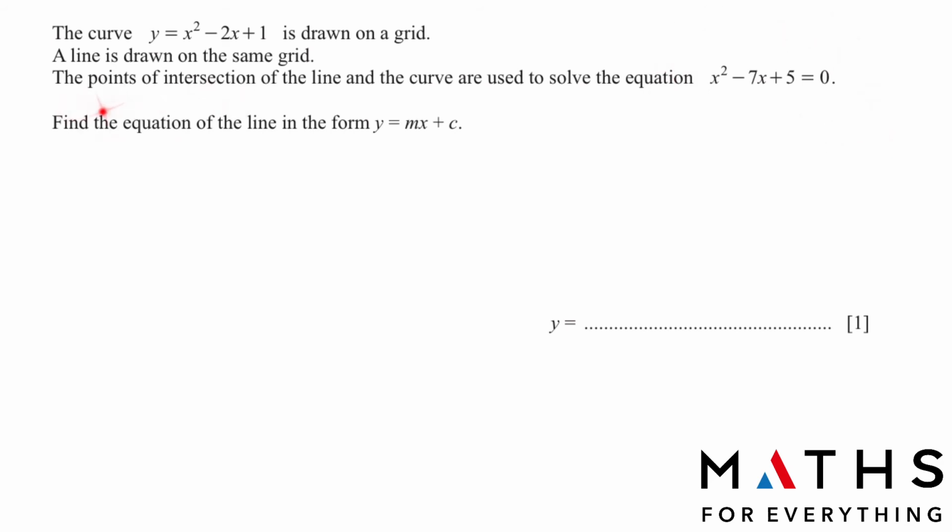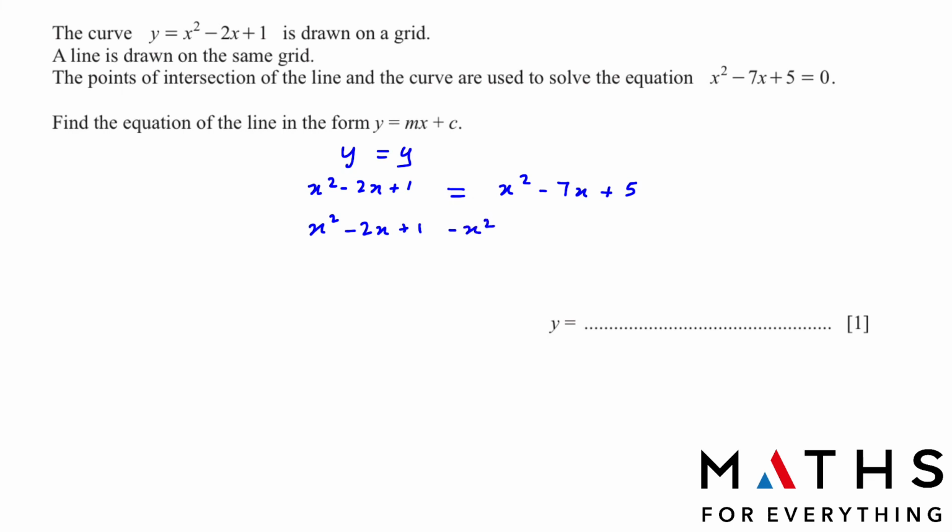Whenever the point of intersection is given to us, what we do is we equate y is equal to y. Now the same way, we are writing x squared minus 2x plus 1 is equal to x squared minus 7x plus 5. But they are not actually equal, right? There's a difference. Bring everything on one side, and when you do that, the signs change.